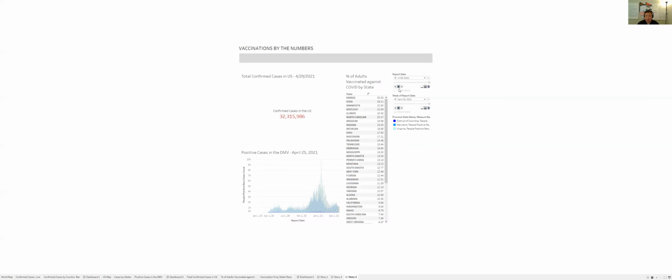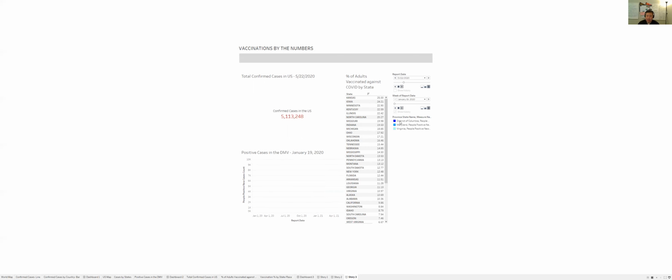In my final story here, you could see there's an overall tally for the total number of cases in the US since the beginning till April 29th. In the bottom graph, you see the positive cases in the DMV.